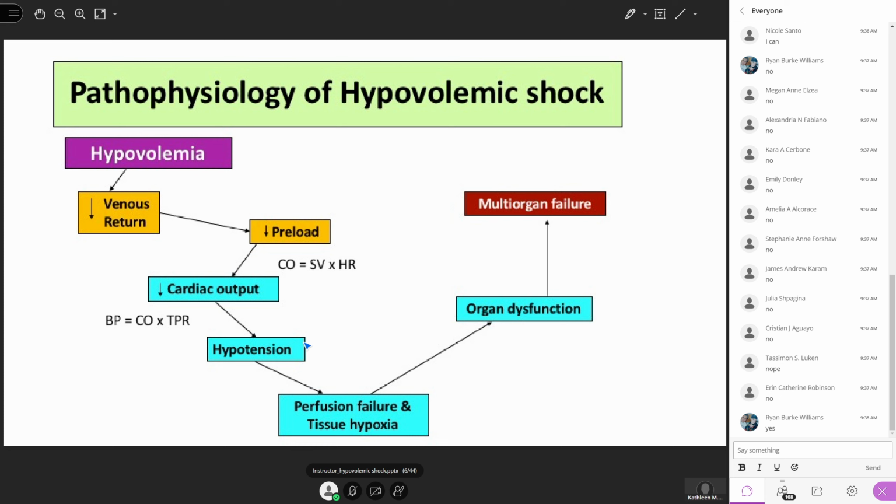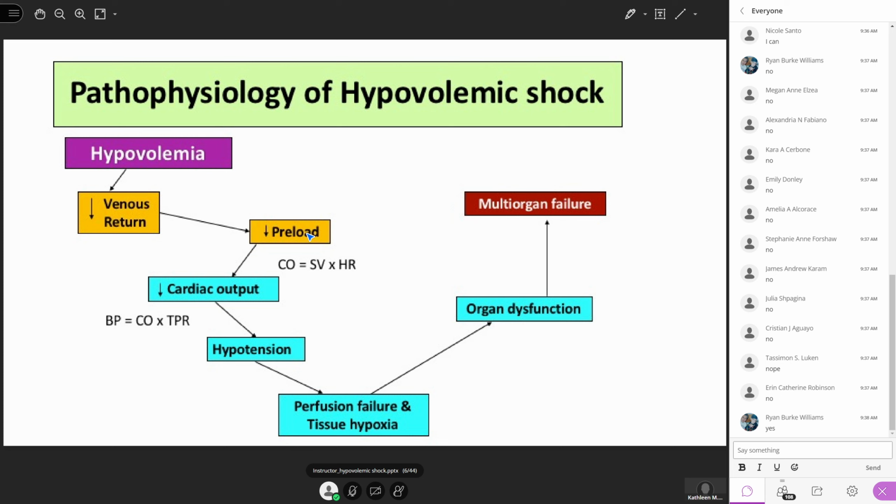Thank you. So basically, the recap on this, and I'm going to review it again in the next slides. I know I'm going through this really quickly, but I put it on the slides for you as well, and I just want you to have a visual. So basically, you have low venous return. There's not enough volume in the system. That's going to decrease the preload, which is that ventricle filling.